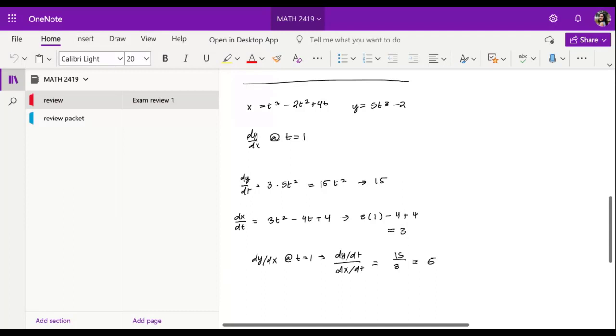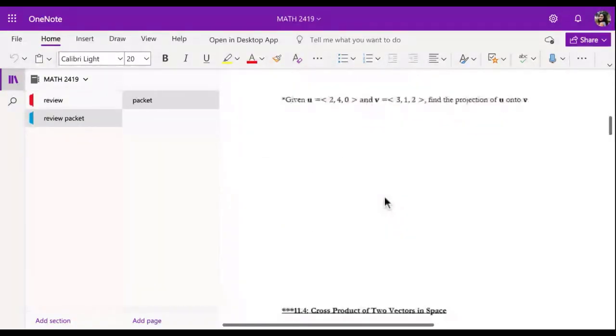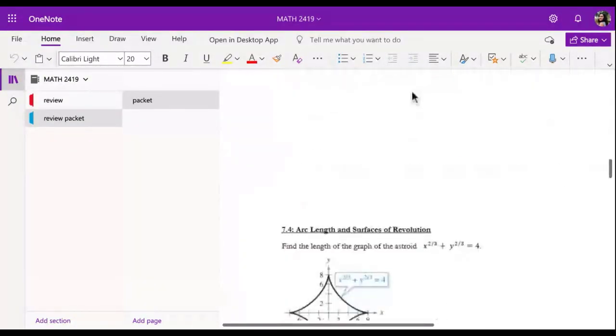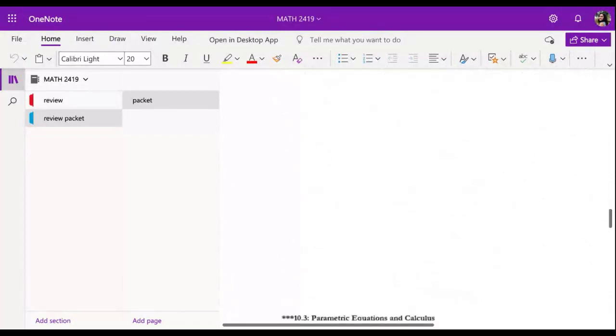Okay. So the next part tells us that we need to find, I'm pretty sure it says, d squared y over dx squared. So that is asking us to find the second derivative.